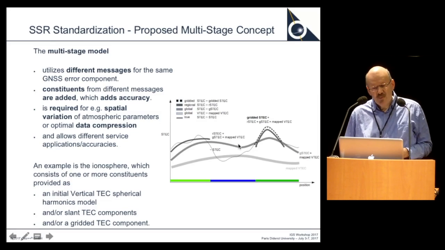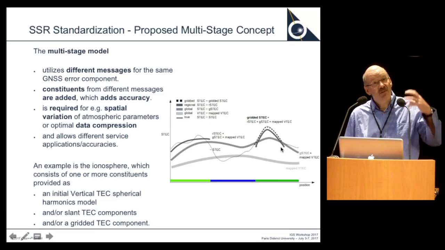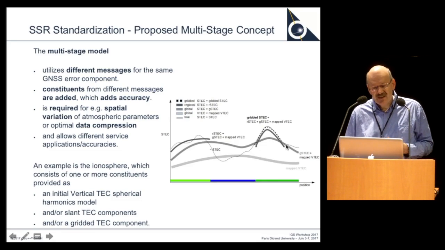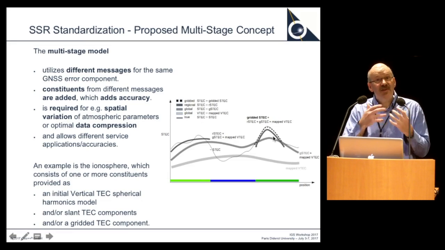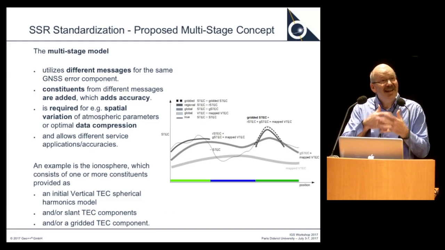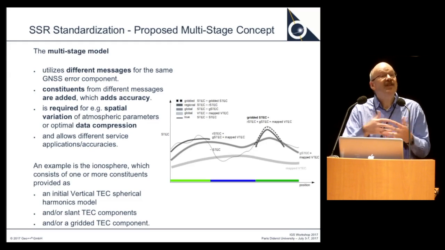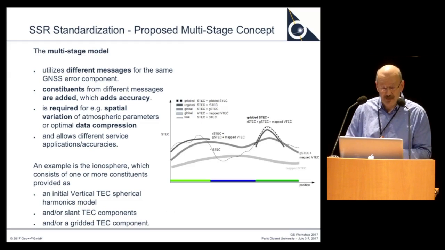This is supporting, for instance, the ocean area. Then for the continental area, you have a regional slant TEC model, which supports higher precision for the continental region. And the last one is gridded information for this area, where you get the highest precision. So we are splitting this information over several messages, and with every message you add, you get more accuracy. So this is also a feature of the scalability of SSR.